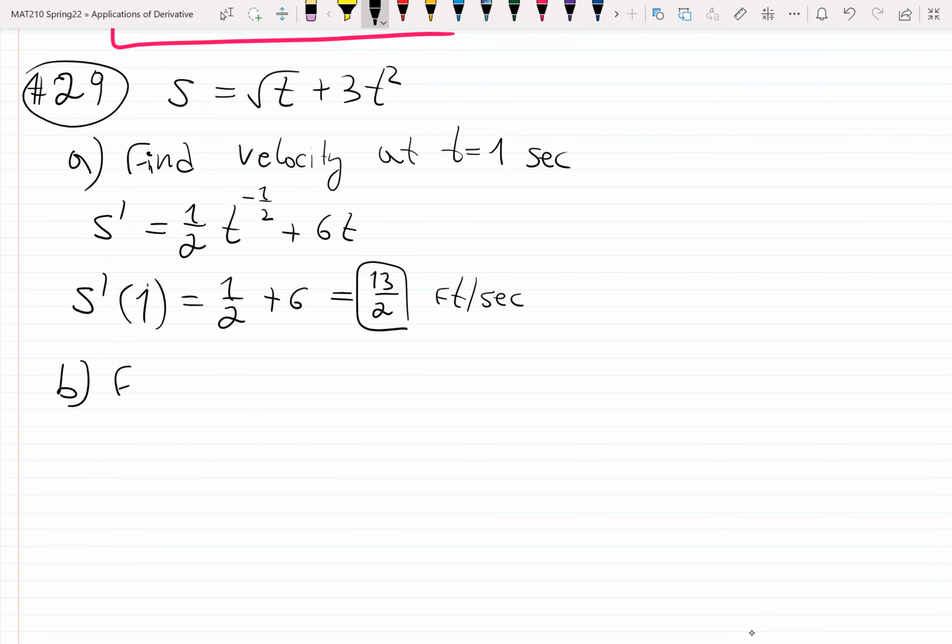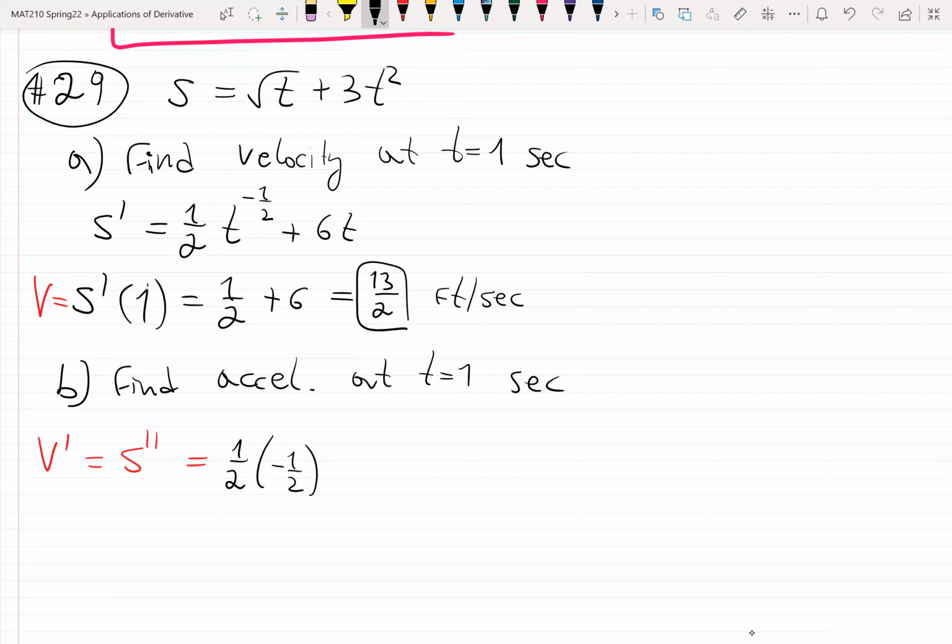B, find acceleration at t equals 1 second. Then you find one more derivative. So this was velocity, v. Find v prime, that is the second derivative of s. That is my 1/2 times minus 1/2, t to the minus 3/2, plus 6.